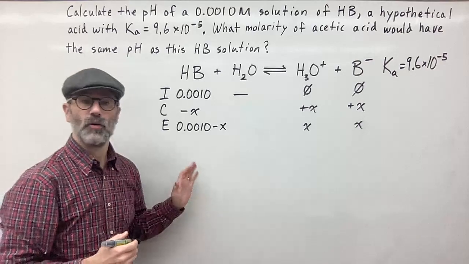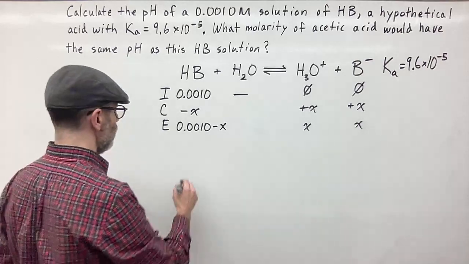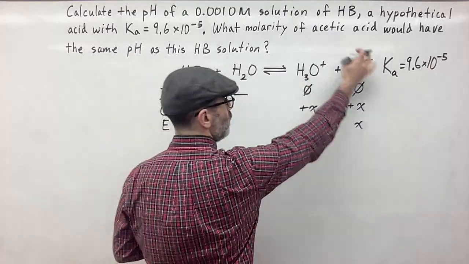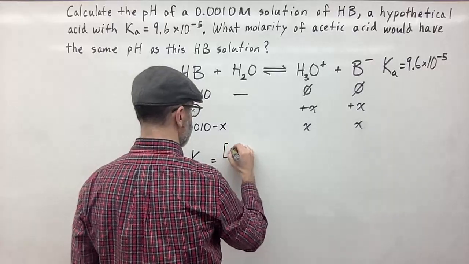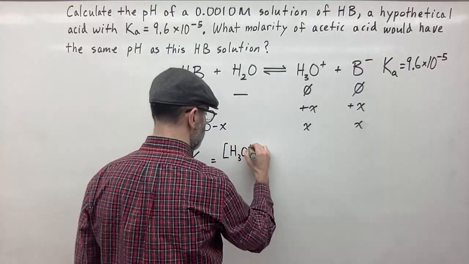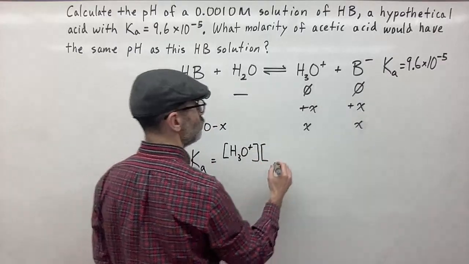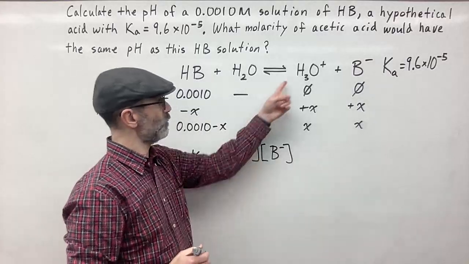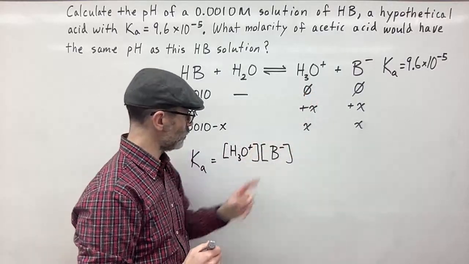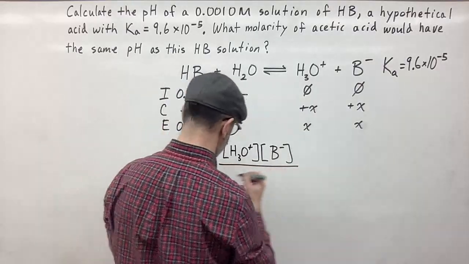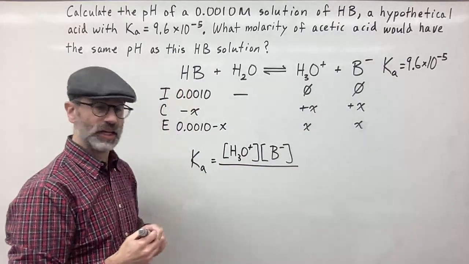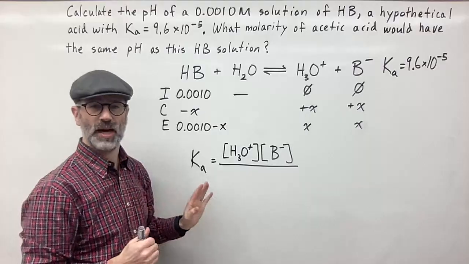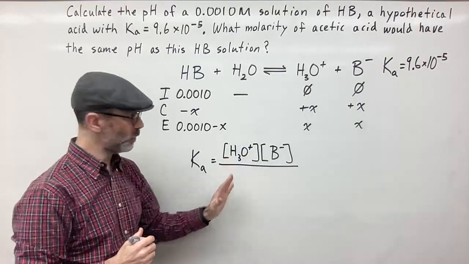So now we can write our expression for Ka. The Ka expression is the concentration of products, so the concentration of the hydronium ion multiplied by the concentration of the anion, raised to the powers of their coefficients. The coefficients are 1, so they're powers of 1 here, and then we divide that by the concentration of HB. Again, we're ignoring water because liquids and solids do not go into the expression for the equilibrium constant.